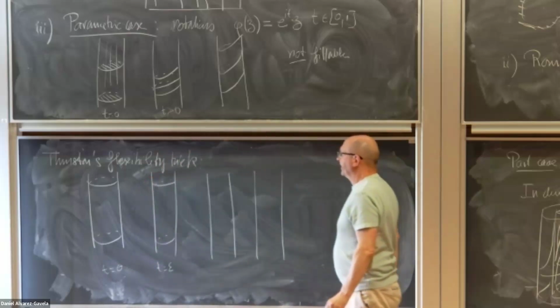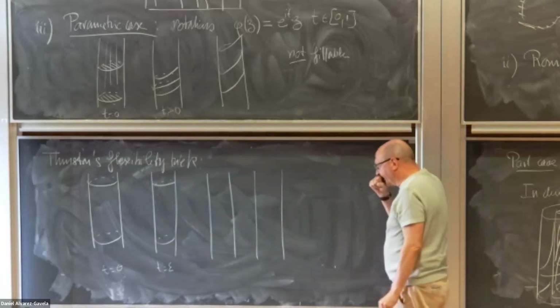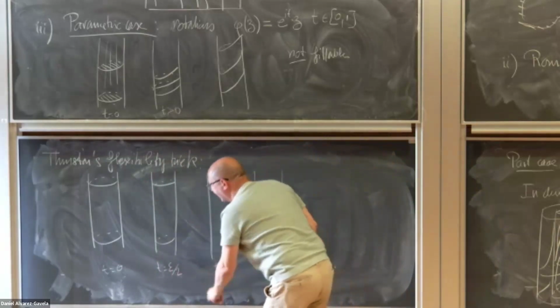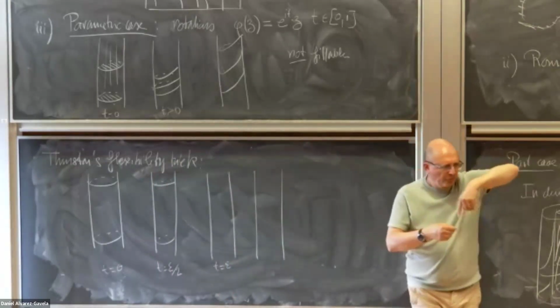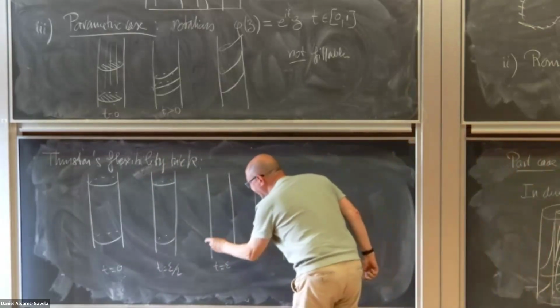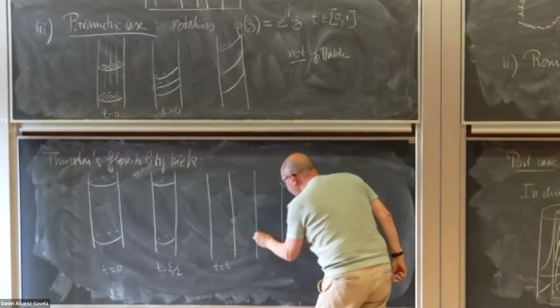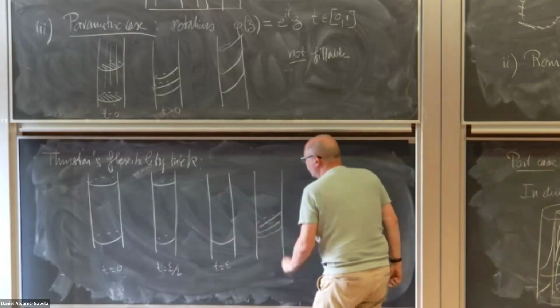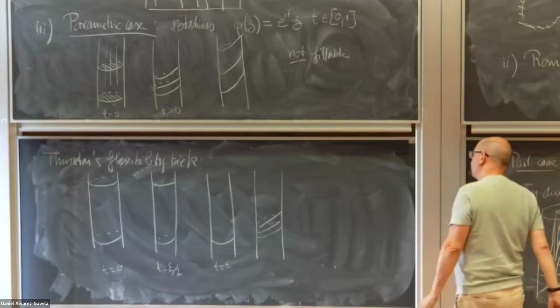So up to time epsilon, it is still the horizontal foliation on the boundary by circles, and then it begins at time epsilon, the slopes begin to vary.